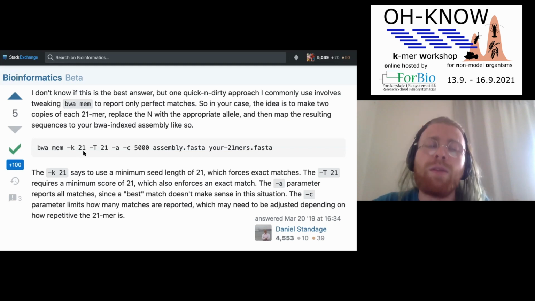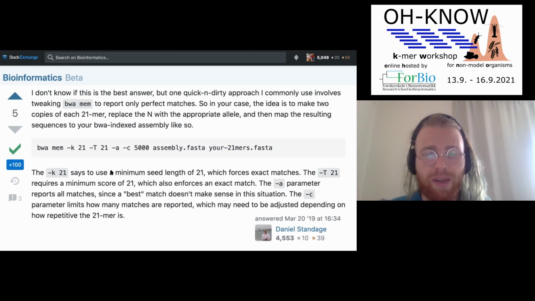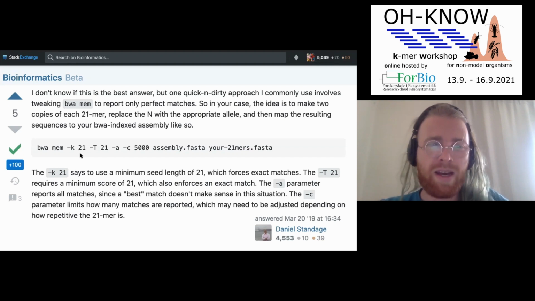If I had 27-mers instead of 21-mers, I would have to set it up here, right? But I just set this number to the same length as my k-mer, and then I set -T 21, the minimal required score for mapping, which is the same as the length. So it literally finds all the matches, which is very handy because BWA-MEM is amazingly fast. Then this will just shoot the k-mers back onto your genome.